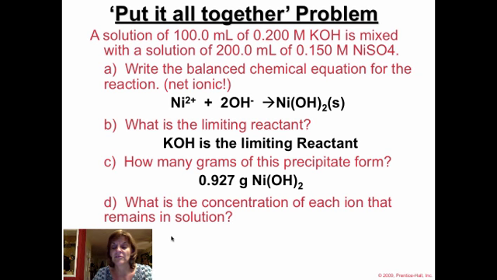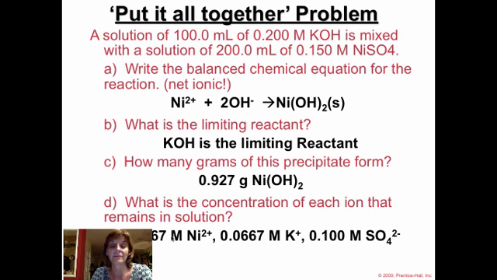That'll give you a start. See if you can figure it out, and then check your answer. 0.0667 molar nickel, 0.0667 molar potassium, and 0.100 molar sulfate. Notice all the hydroxide is gone.